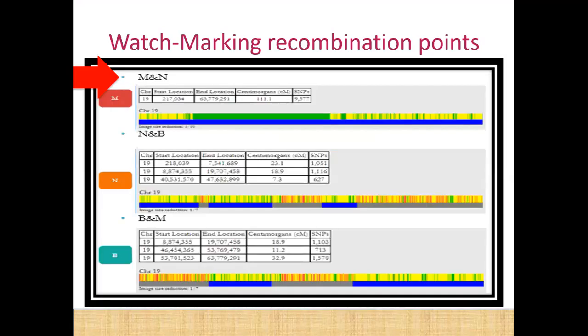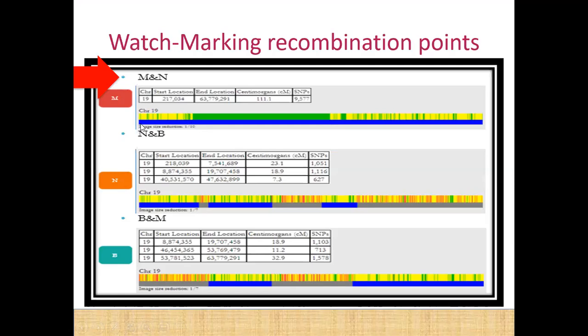So let's start looking at the top in the M and N comparison. We see here that the M and N comparison starts with a half identical segment marked by yellow on the top and blue on the bottom. Now if this yellow has some green mixed in with it, that's okay, that happens.